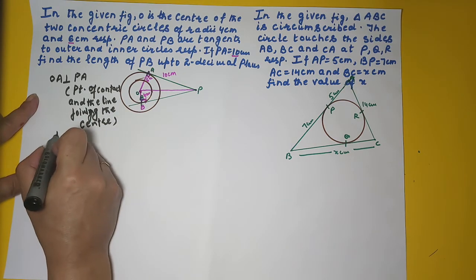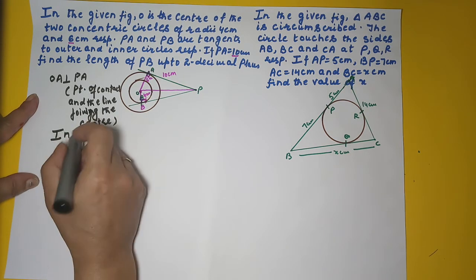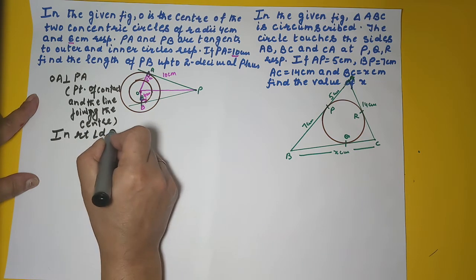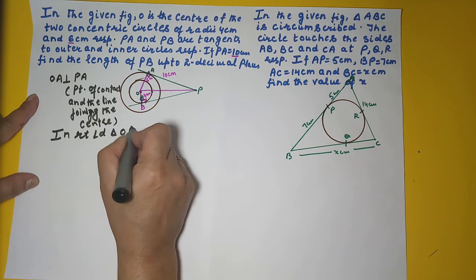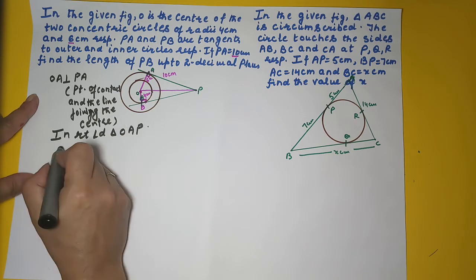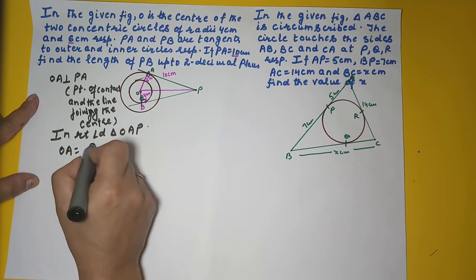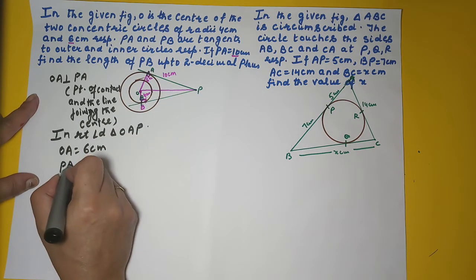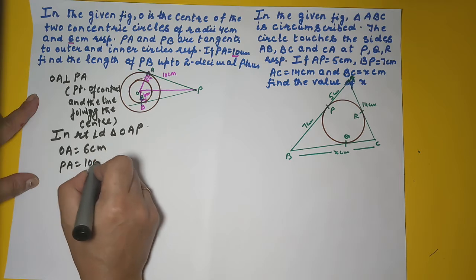So we have a right angle triangle now, OAP. OA is equal to 6 centimeter because radius of the bigger circle is 6 centimeter. PA is given 10 centimeter.